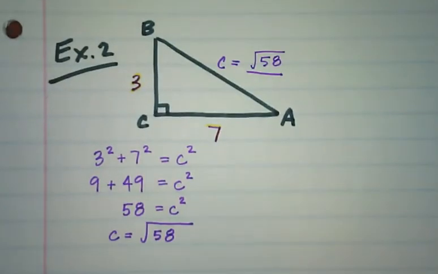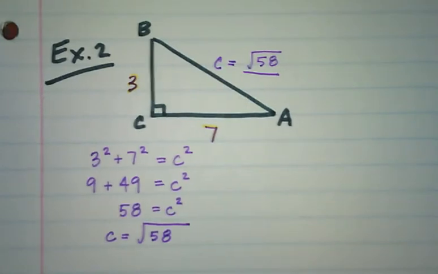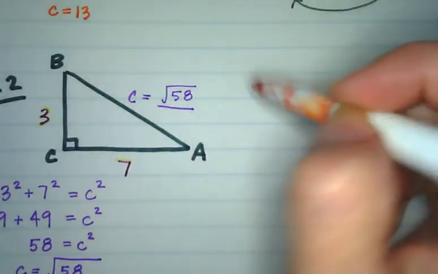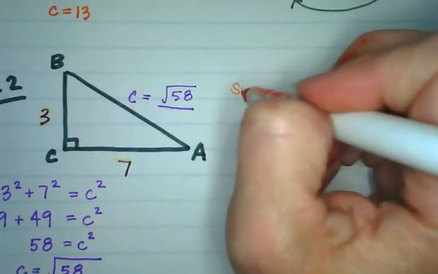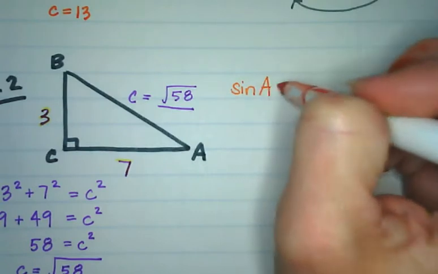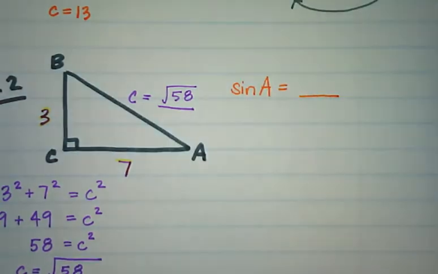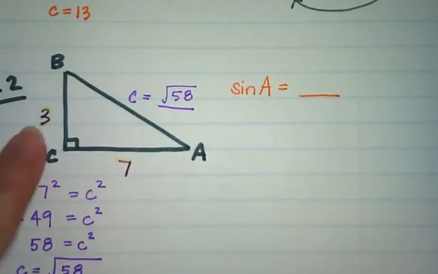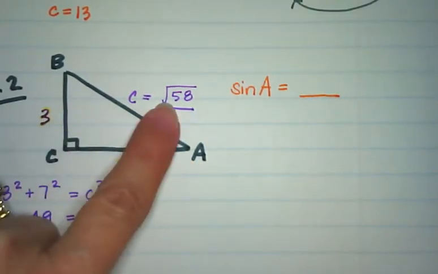All right, so now I have the 3 sides, so I can go through and write the trig functions for angle A and angle B. So, slide over a little bit. First, I'm going to do the sine from angle A. From angle A, the sine is the opposite over the hypotenuse.